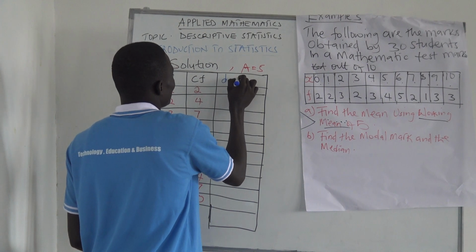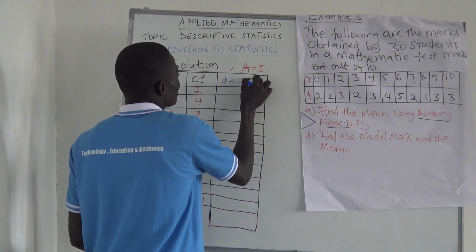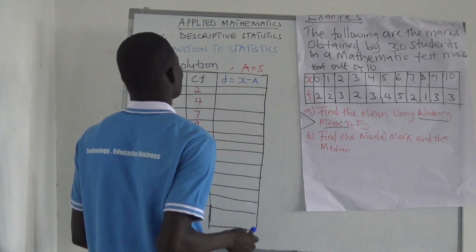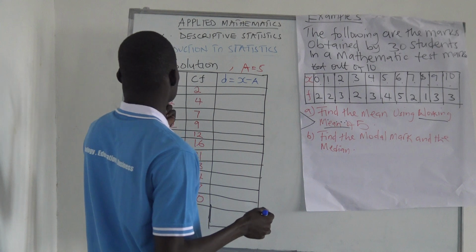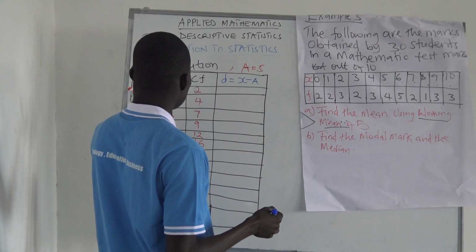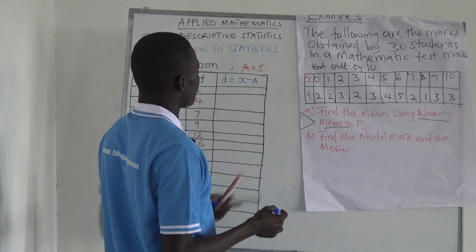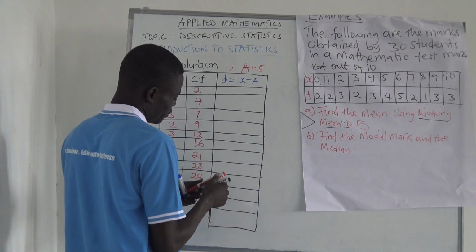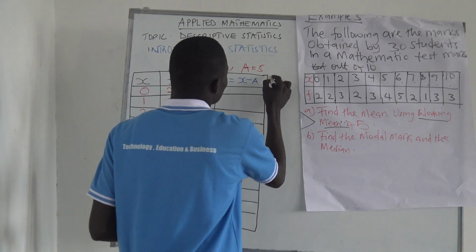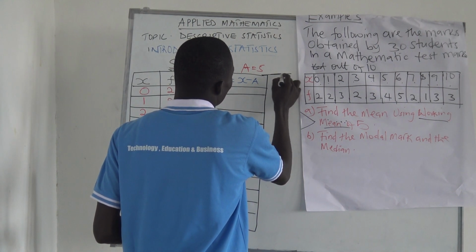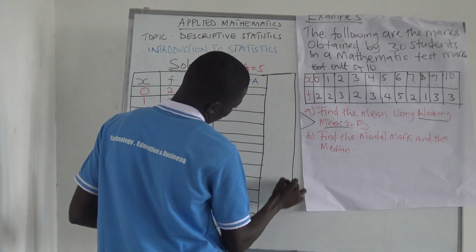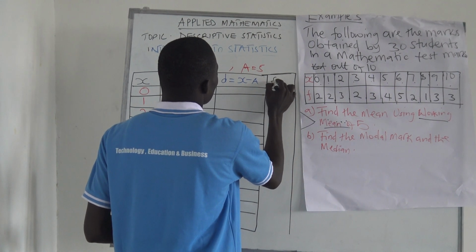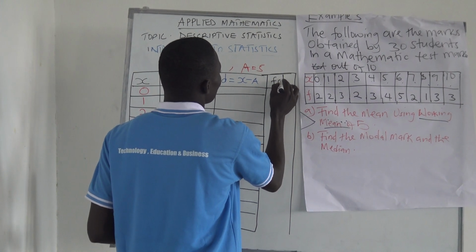After that, we have what we call D. D is given by X minus A. So our A, which is 5, we shall get values of X minus A, which is 5. After getting that value, we shall have another column of FD.